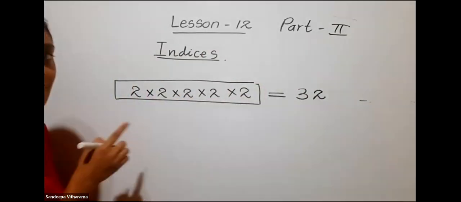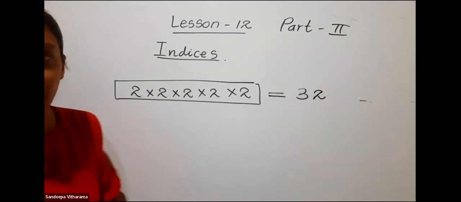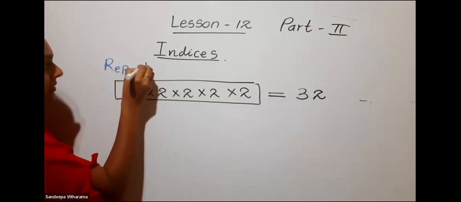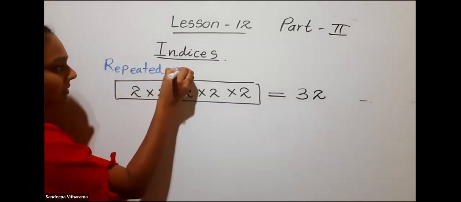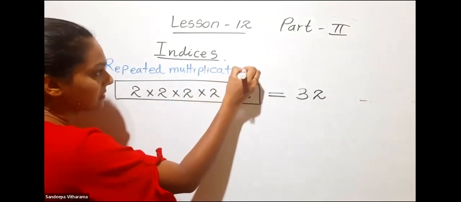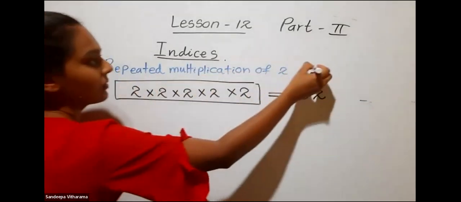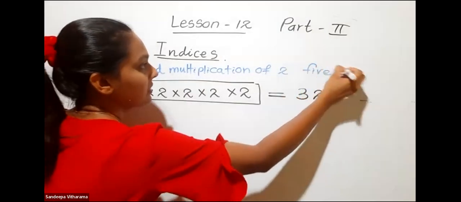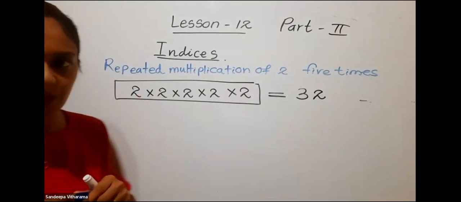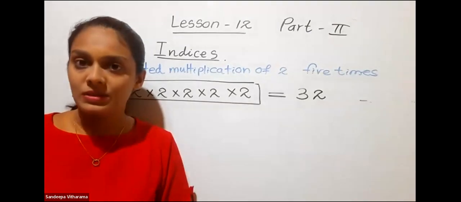It is a repeated multiplication of 2, 5 times. The answer I obtain is 32.